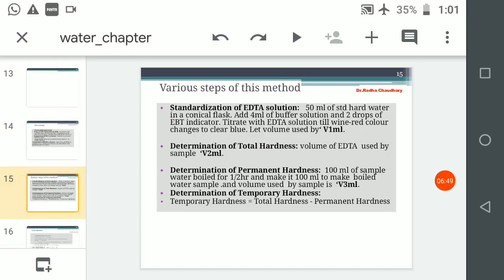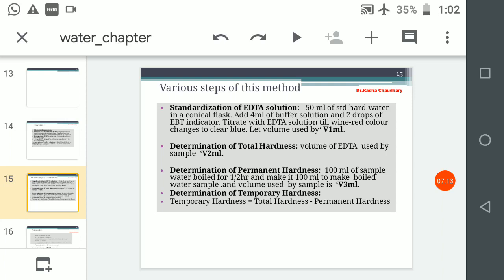Then the steps of this method. First step is the standardization of the EDTA solution. The solution of EDTA which we have prepared, how can we standardize it? For the standardization, 50 ml of standard hard water is taken in a conical flask.